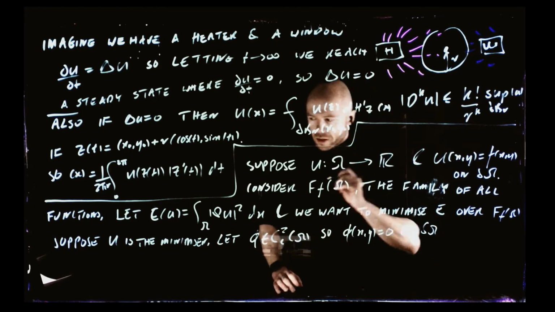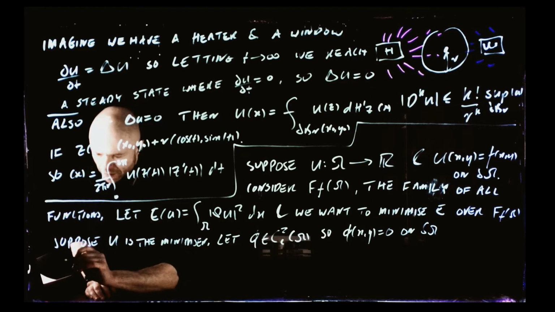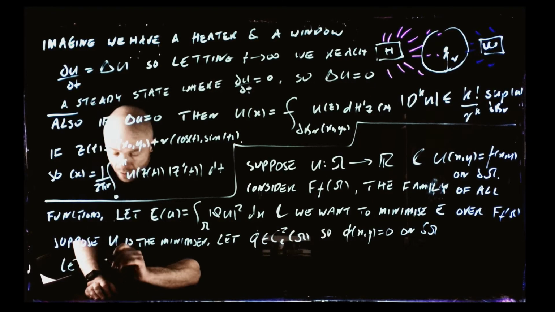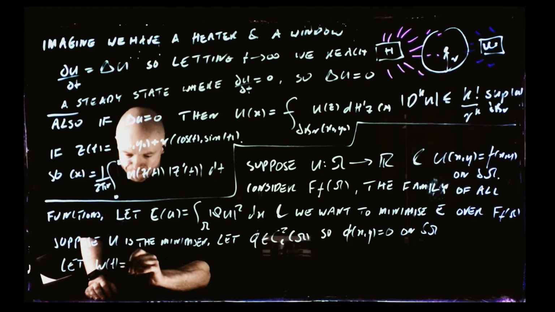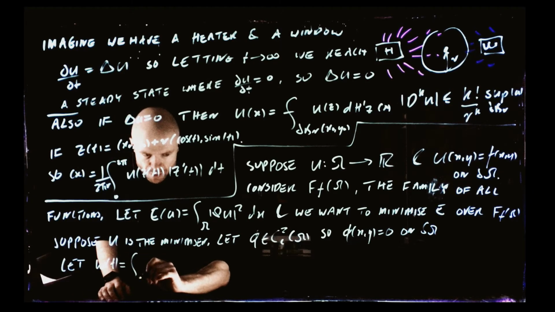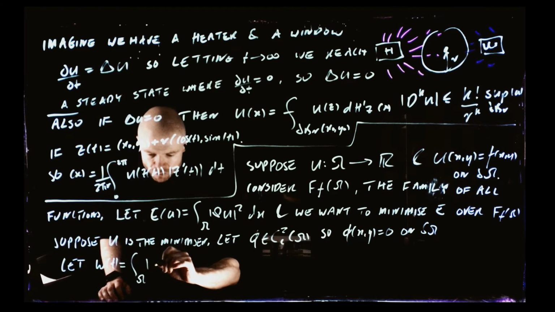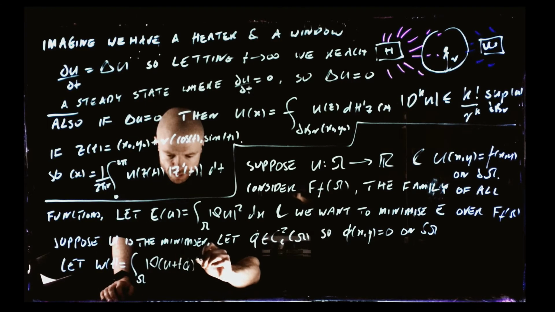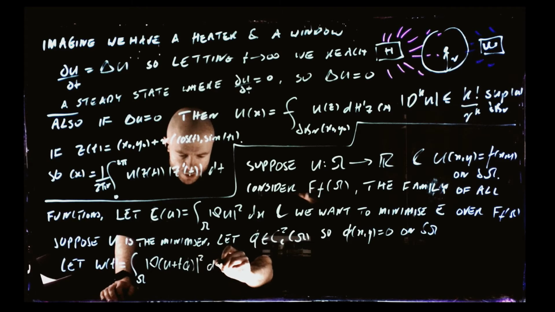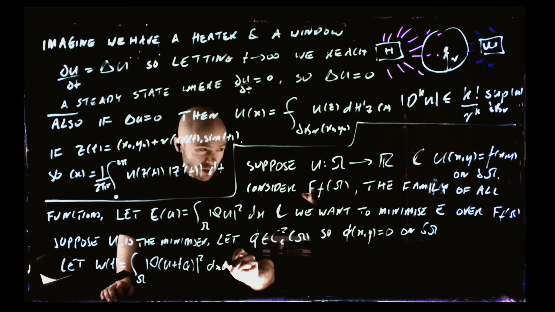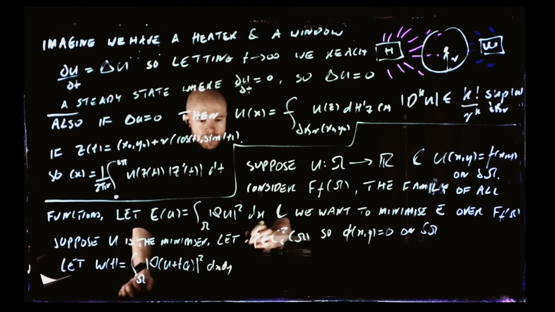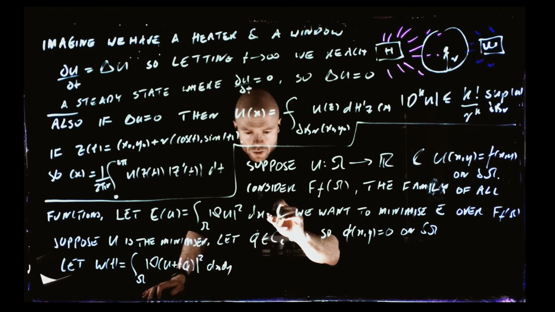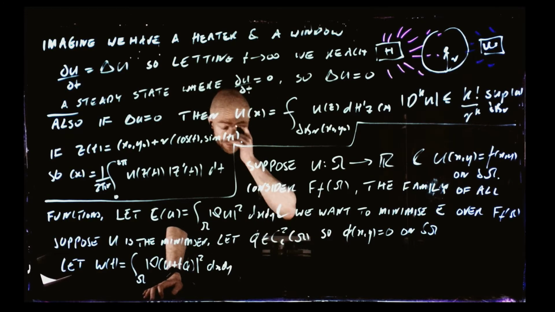And then let, say, w of t be the integral over omega of this thing plus t times this squared. I'm going to write dx dy, just because I'm using this.